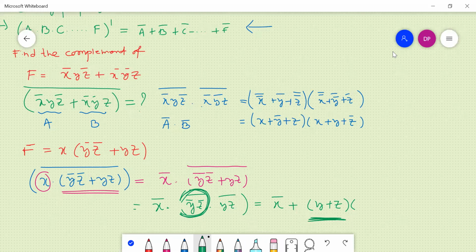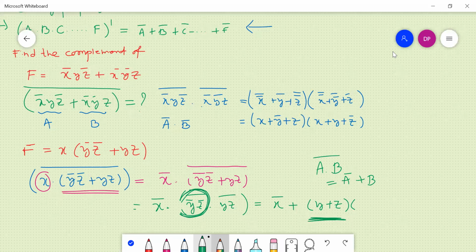No, A dot B bar. What is the formula? It is A bar plus B bar, right? A bar plus B bar. That's it. So here there is a plus.